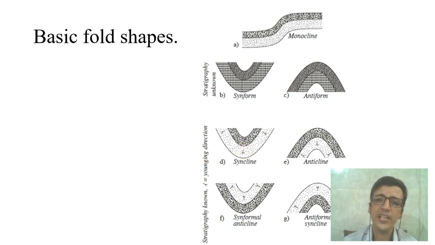Okay, this is a syncline: the younger layer is in the center of the fold. What about an anticline? In the anticline, the younger layer is on the outer part of the fold. This is an anticline. The definition of syncline and anticline is very important.